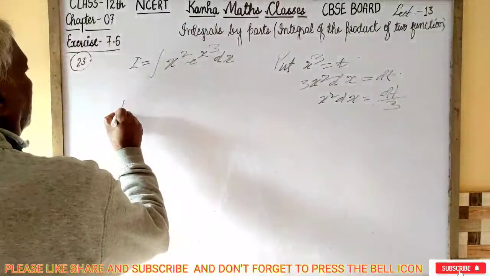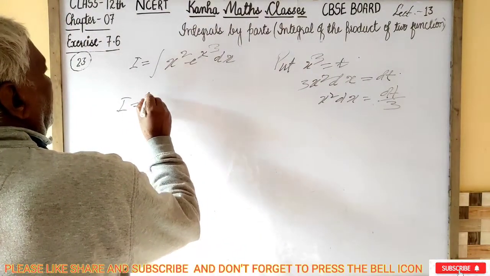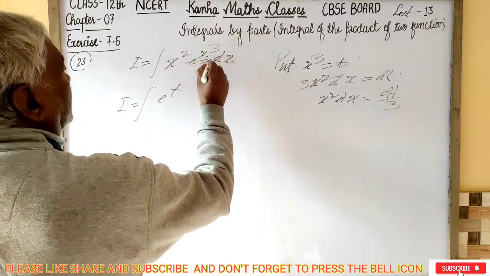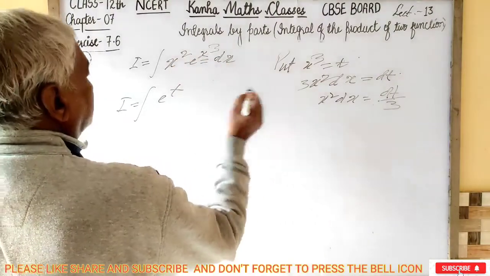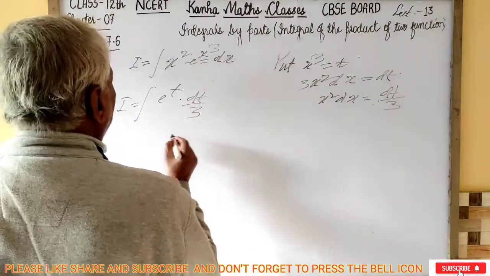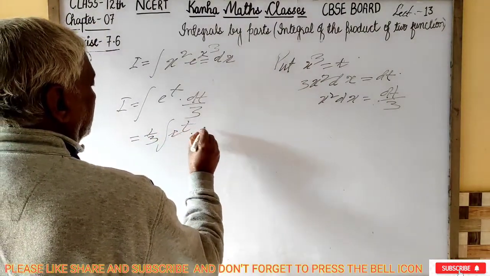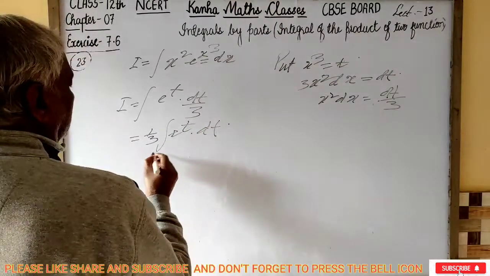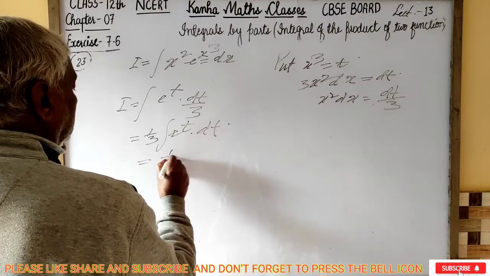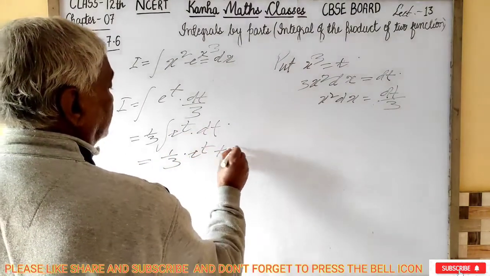Now this becomes 1/3 e to the power t dt. This is a well-known form of integral, hence integral of e to the power t dt will be e to the power t plus c.